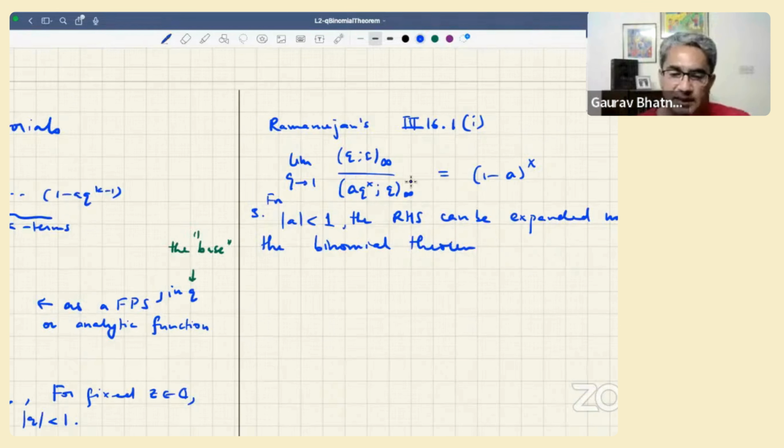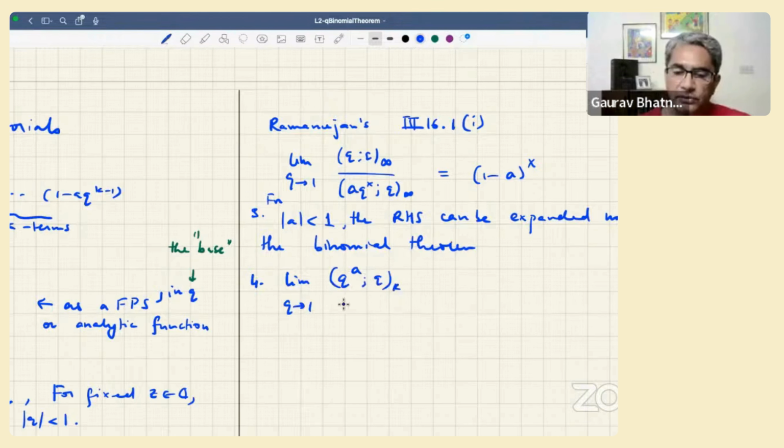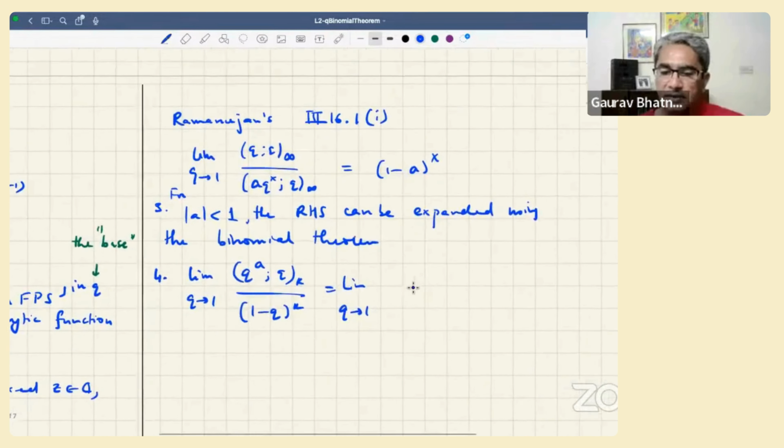So this will be used subsequently many times, and there is one more limit which is very important. If you just take (q^a)_k, the q rising factorial, and divide it by (1-q)^k and take the limit, this is a limit from calculus.